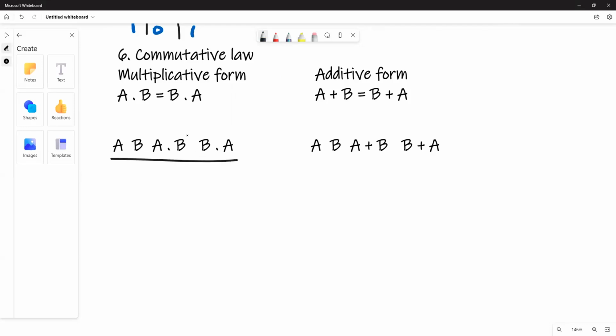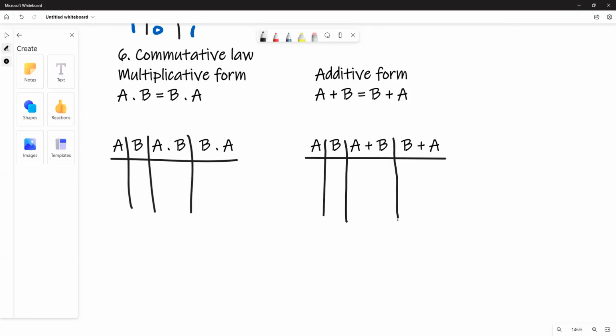Yes, the truth table will be similar to this. Draw the truth table for both and share with me.